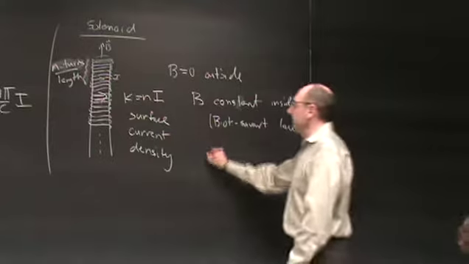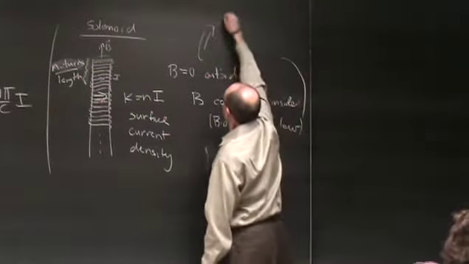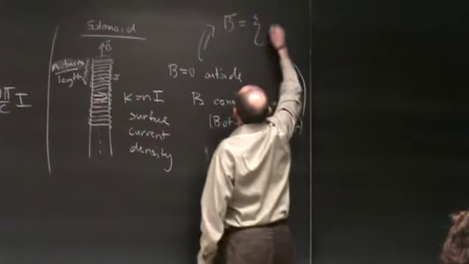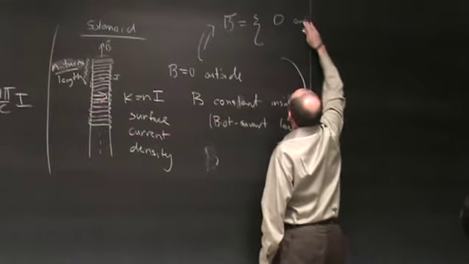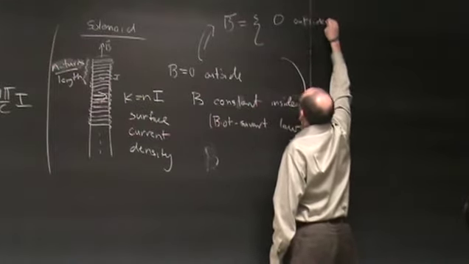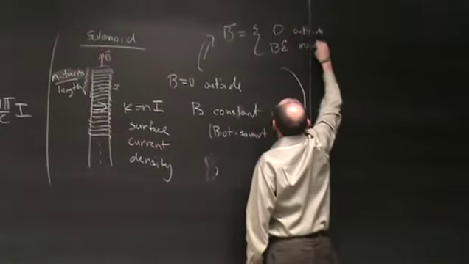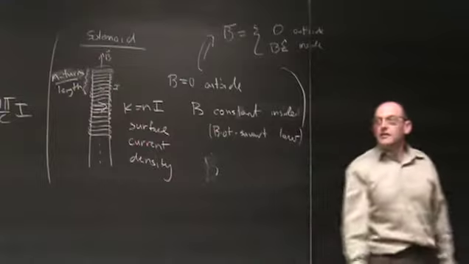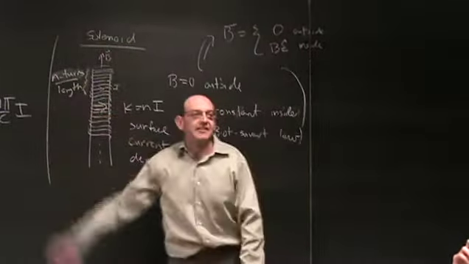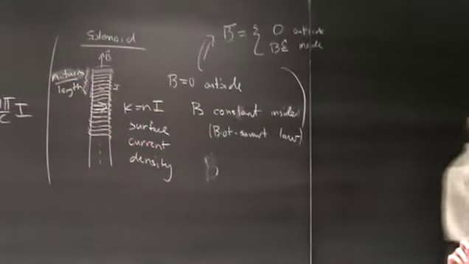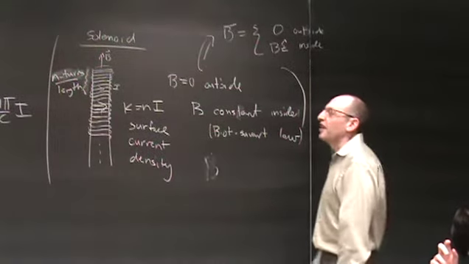So putting this together, what we see is that the magnetic field is 0 outside and some constant in the z hat direction inside. That's the hard part.